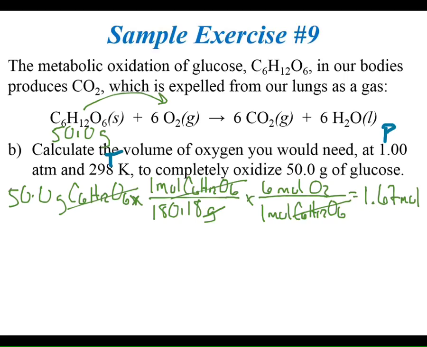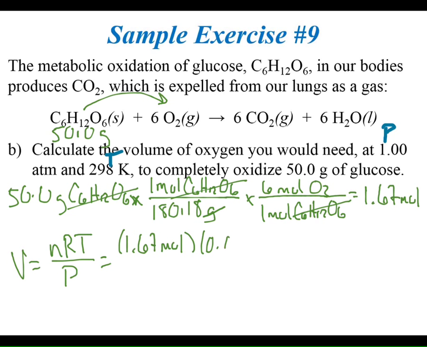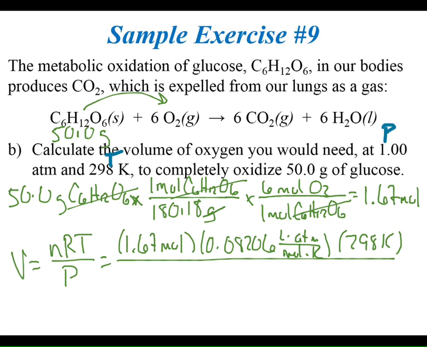Okay, then we're trying to find volume. So nRT over P. So 1.67 moles times R, 0.08206 liters atmospheres per mole Kelvin, T, 298 Kelvin, P was 1.00 atmospheres.